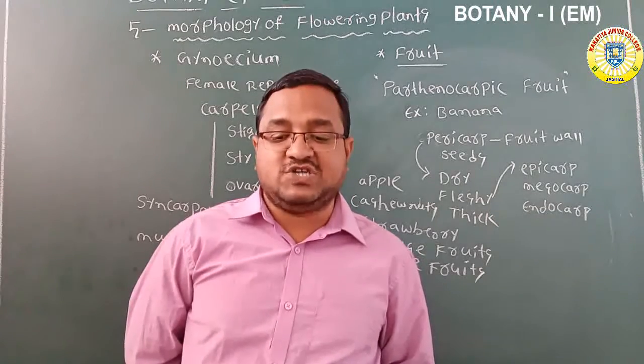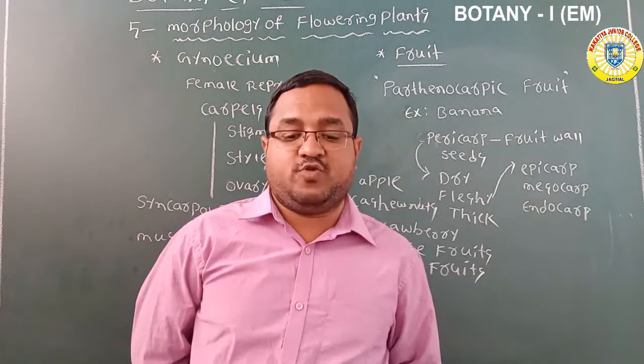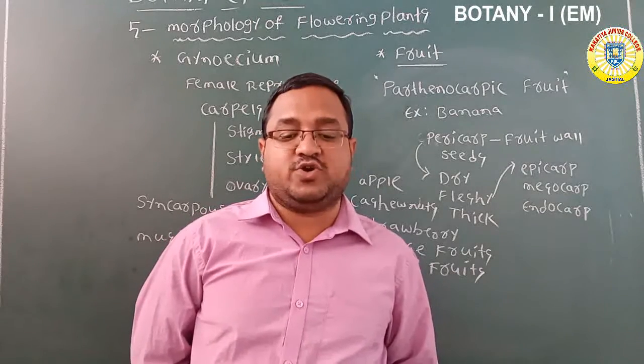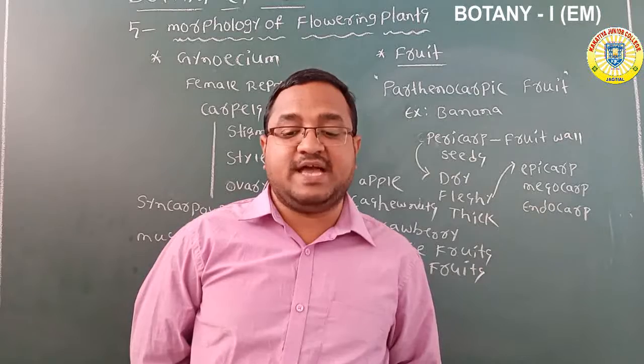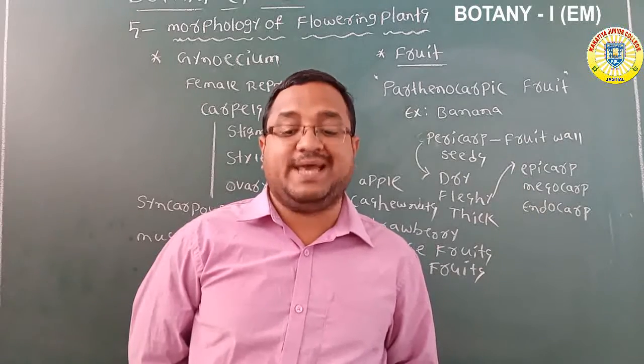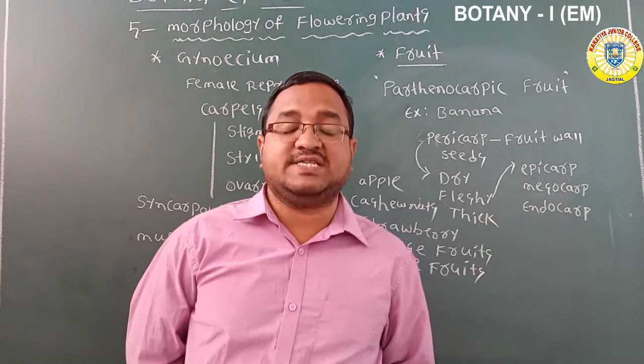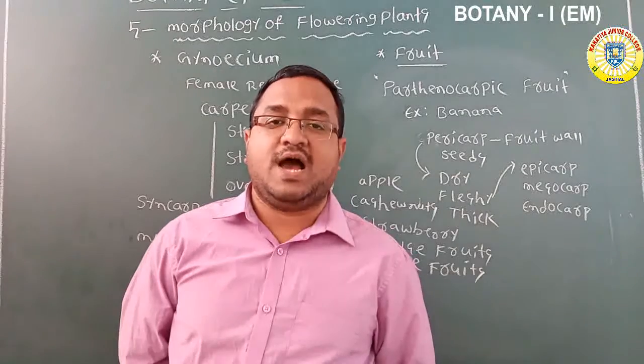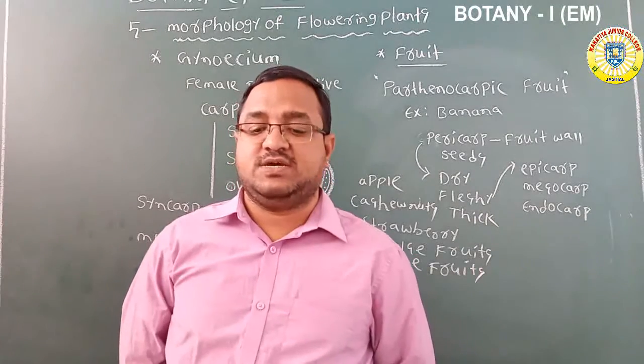what about the classification of the fruits? The fruits can be classified into two types based on the nature of the pericarp. What is the nature of the pericarp? Fruit wall. Either it is dry or it is fleshy.